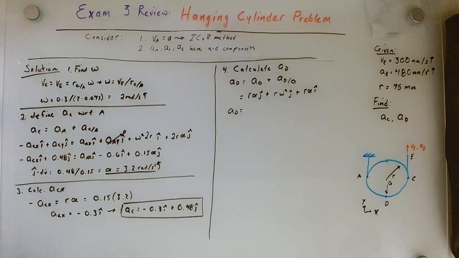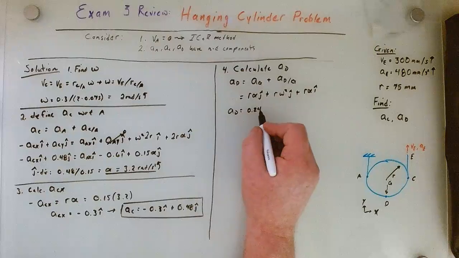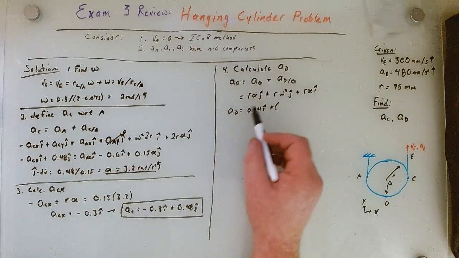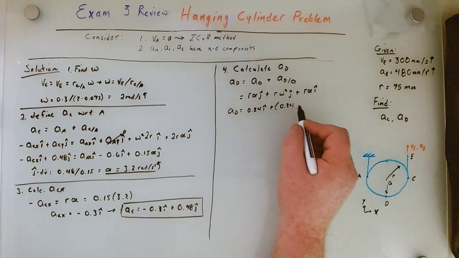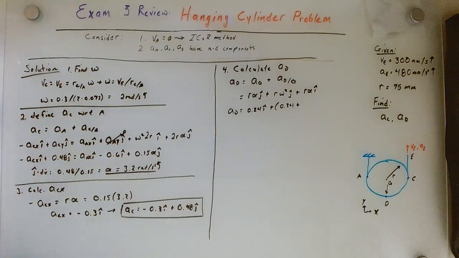That is 0.24 i direction plus, and then this is the same thing, so 0.24, plus r times omega squared, so 0.075 times, was that 4 omega squared?